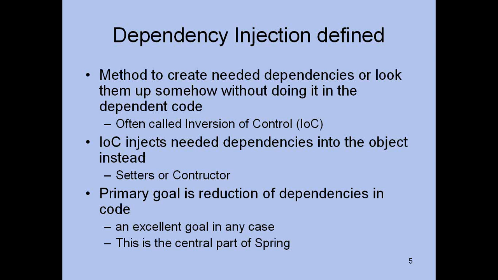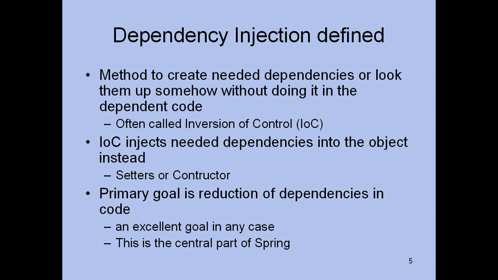So by doing that, the advantage is your application is not tightly bound. So you are not depending upon other classes. So you don't need to look for dependencies while writing the code. At runtime, those will be injected into the class.